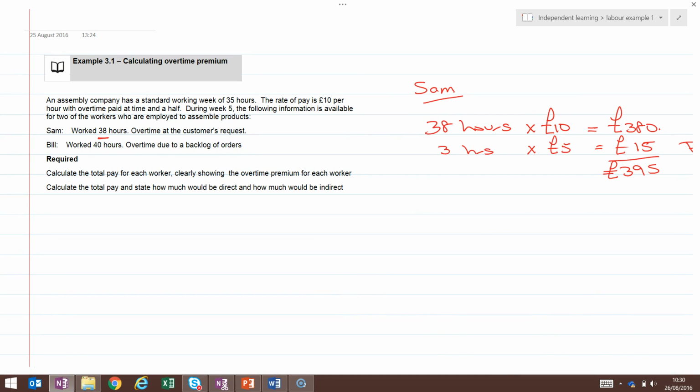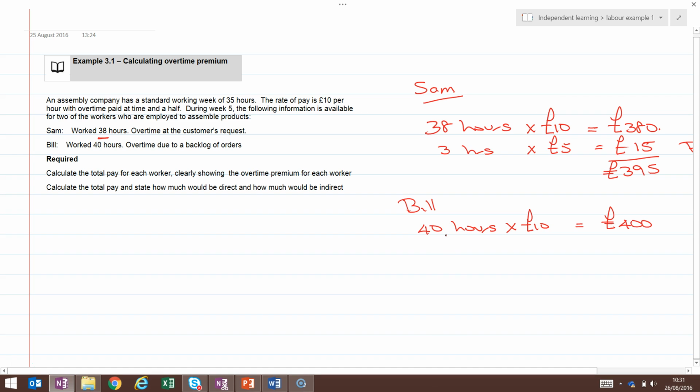Now if we do the same for Bill. He worked 40 hours, so that's the starting point, the total hours worked. So for every one of those hours, he will be paid £10. So he's got £400. Now look at how many of those hours were in overtime.